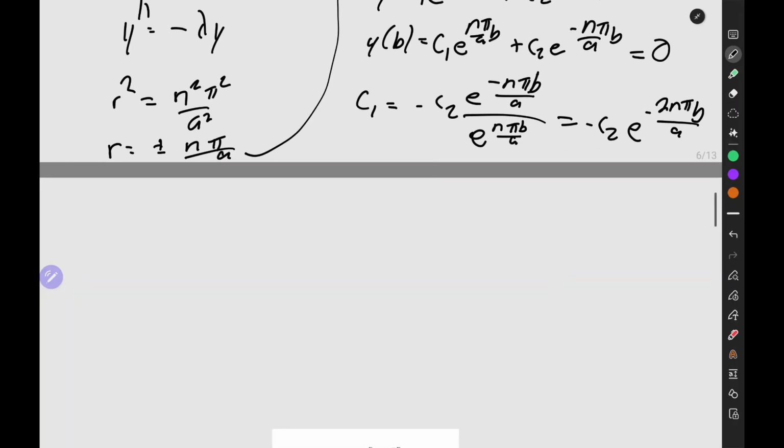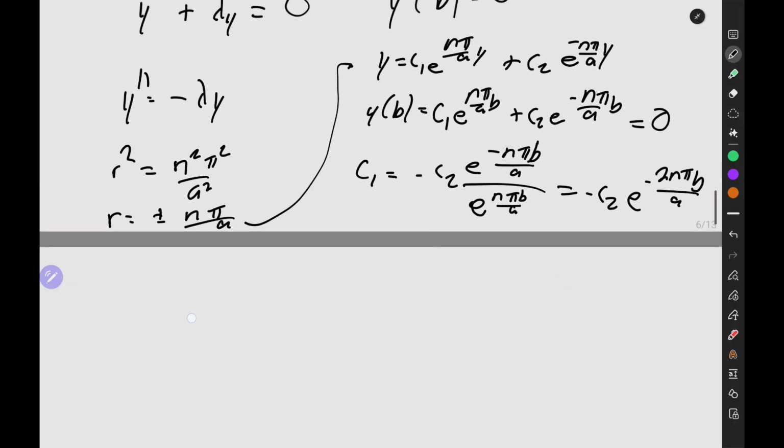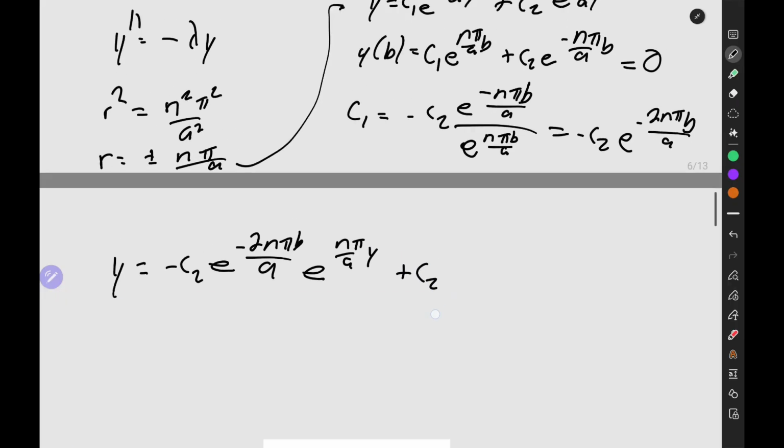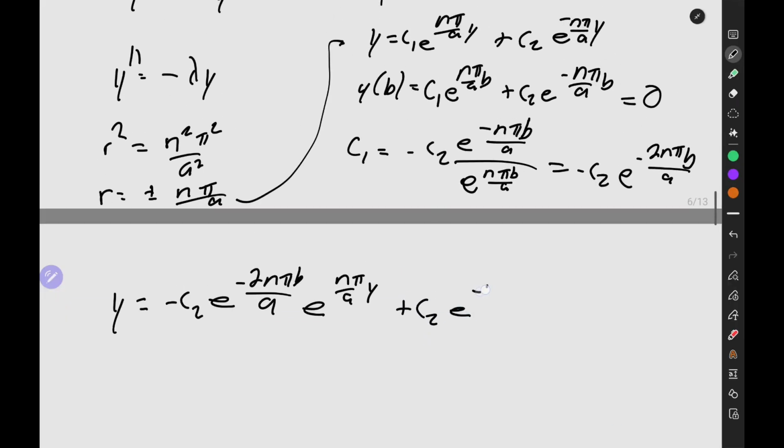So then plug it back in for c1, back into the original y. Negative c2 e to the negative 2n pi b over a, times e to the n pi over a times y, plus c2 e to the negative n pi over a times y.